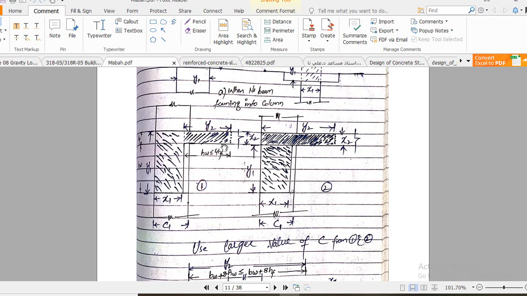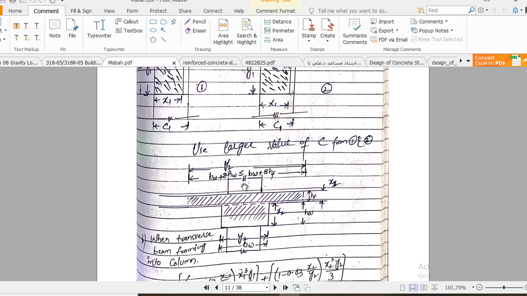In option 1, basically you see this is y2 and this is x2, and similarly this is y1 and this is x1. But here you see y2 is changed and y1 is changed, remember. So we calculate C for this option, we calculate C for this option, and we will select the maximum value in both cases. Remember, this is very important.